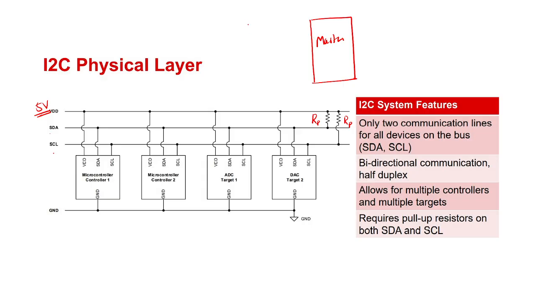Here you get the 5 volt VDD supply voltage through the pull-up resistor, and it is directly connected to the master.